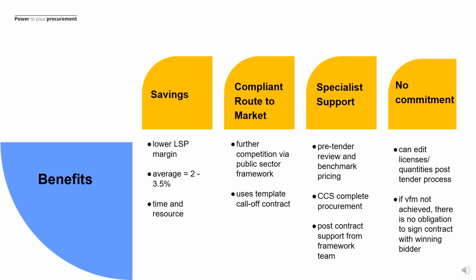And then finally, there's no commitment under these aggregations. There's no commitment either to the license list and the quantities that we publish on your behalf. The tender documentation will allow for you to change those if you need to ahead of your enrolment with Microsoft. But there's also no commitment to signing on the dotted line with the winning provider if the tender process does not provide you with value for money.